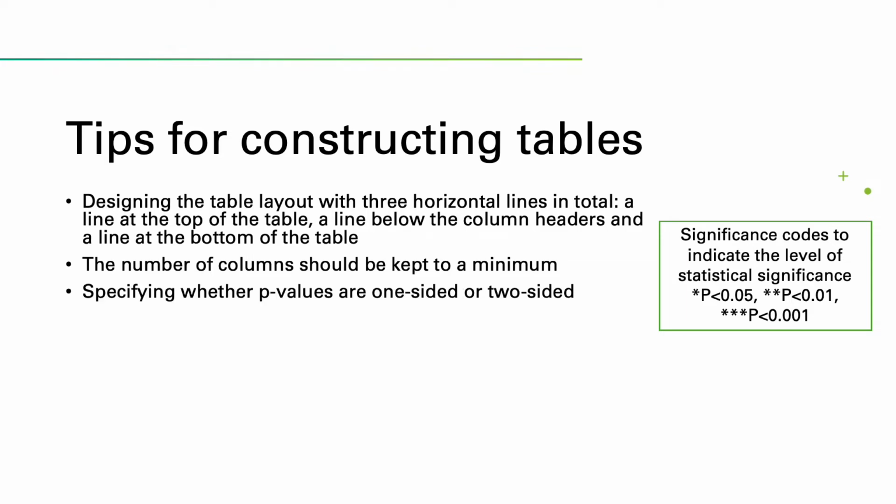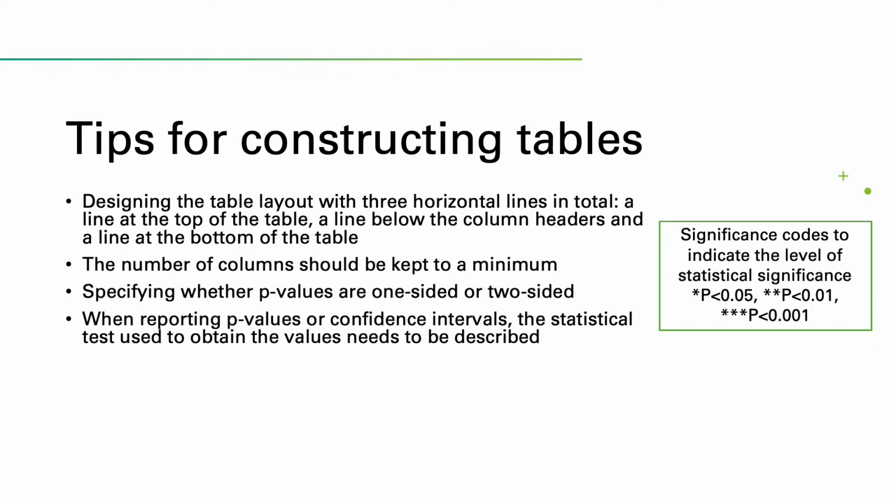Whether the p-values are one-sided or two-sided should be specified. Some journals suggest only reporting two-sided p-values unless a one-sided test is required by the study design. And when reporting p-values or confidence intervals, the statistical test used to obtain the values needs to be described.